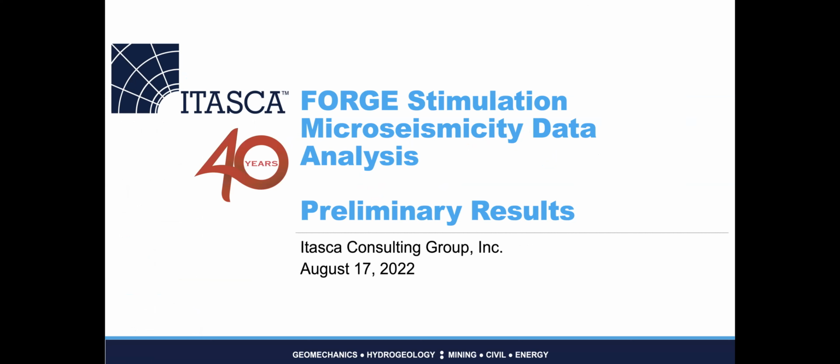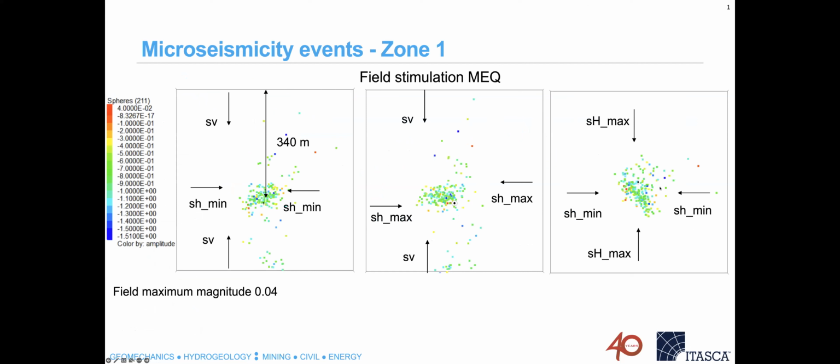Speak louder. Okay. So I'll talk about our preliminary comparison between the simulation and the stimulation microseismic stage results. The next slide. So here, as Rob just showed you, are the field stimulation results for zone 1, and here I show you 3 different views.